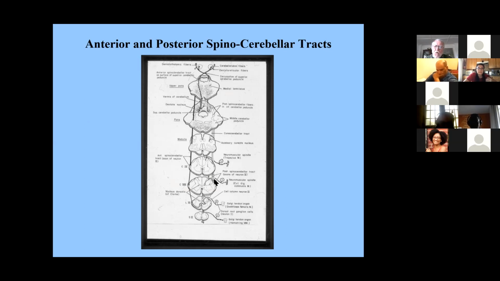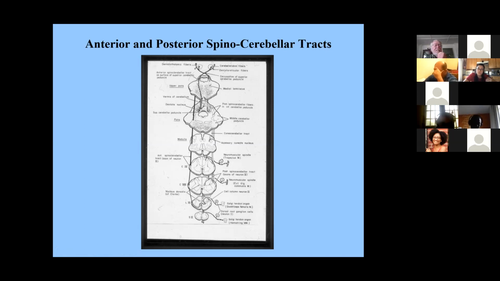So they then form this posterior spinocerebellar tract. From there, that tract traverses the spinal cord, and when it comes up through the medulla, it is now in what we call the inferior cerebellar peduncle.